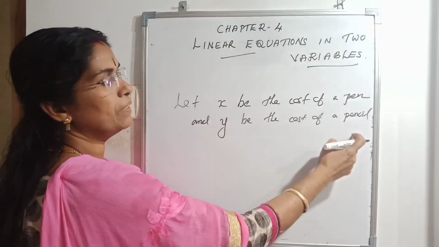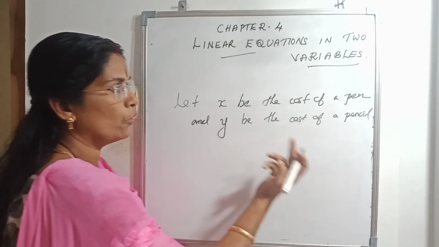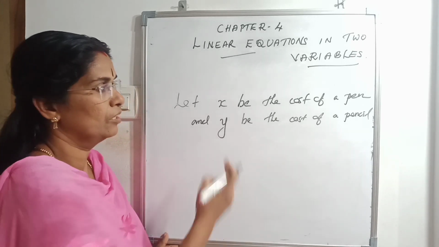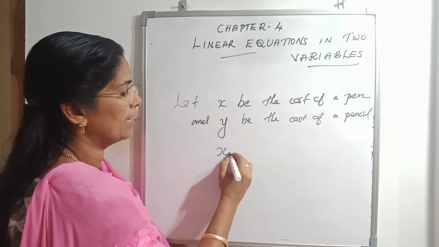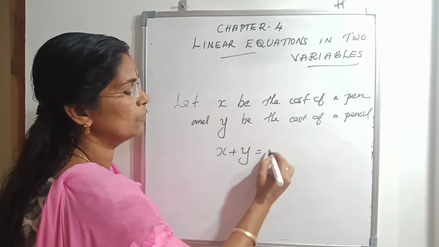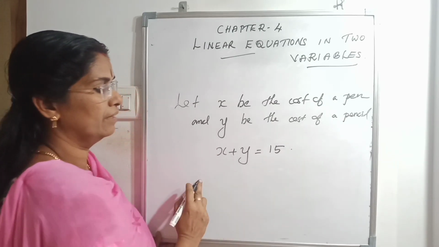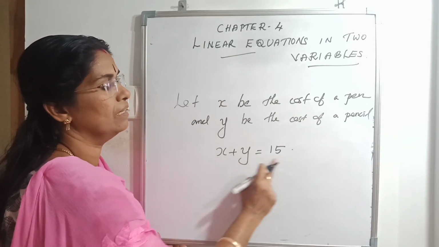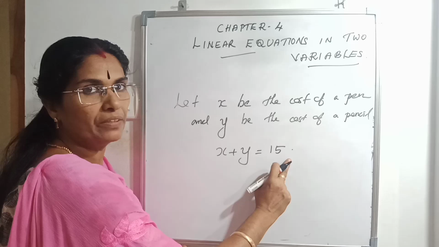He purchased one pencil and one pen, so the total cost of this is 15 rupees. So we can write x plus y is equal to 15. Cost of one pen plus cost of one pencil is equal to 15 rupees.